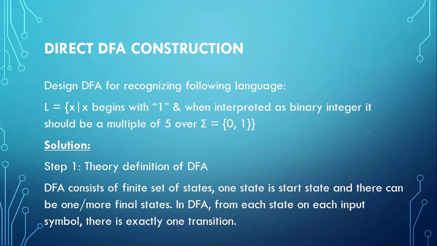Of course, when we say multiple, it has to mean that it should be mod 5 as 0. Only then we can conclude that the given number, that is X, was multiple of 5. And also there is one more condition applied here, that is it should begin with 1. The first position of our input should be 1.